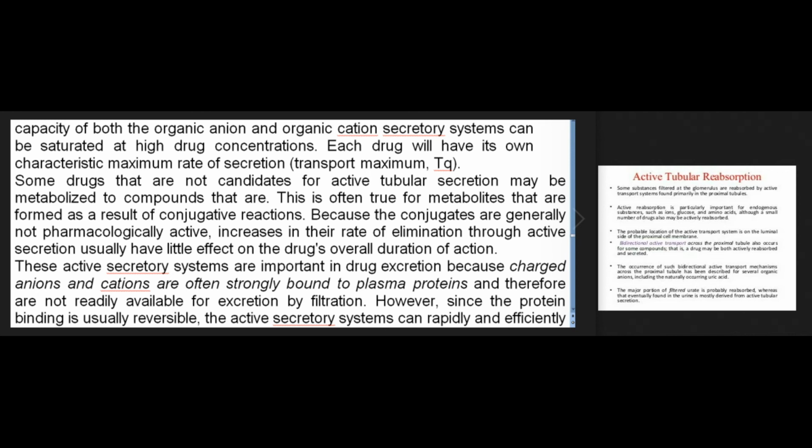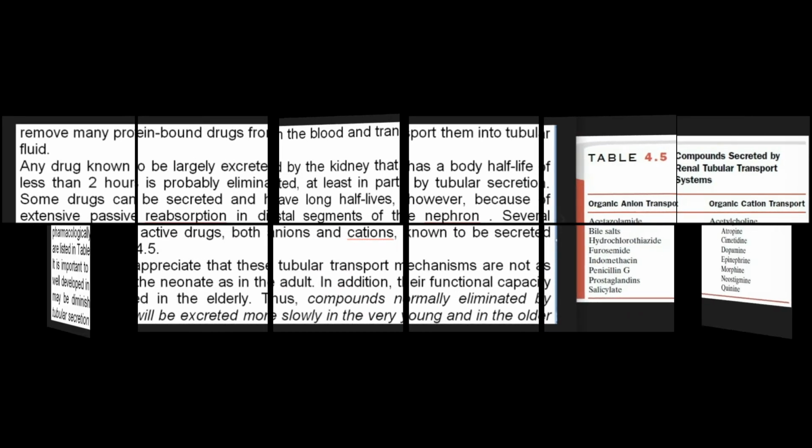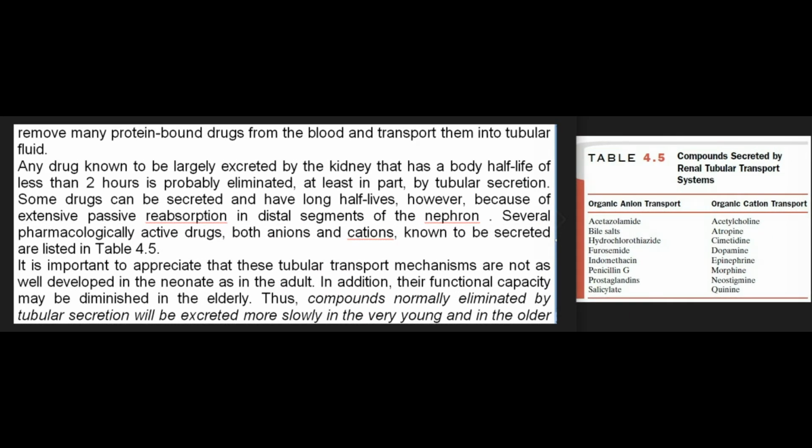These active secretory systems are important in drug excretion because charged anions and cations are often strongly bound to plasma proteins and therefore are not readily available for excretion by filtration. However, since the protein binding is usually reversible, the active secretory systems can rapidly and efficiently remove many protein-bound drugs from the blood and transport them into tubular fluid.